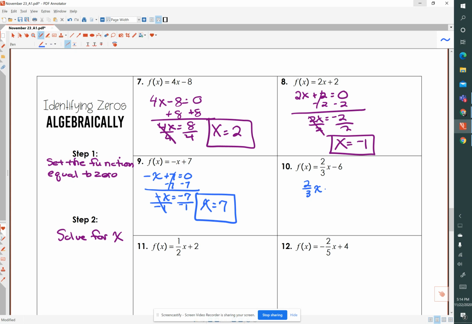2/3 x minus 6 equals 0. Let's add 6 to both sides. 2/3 x equals 6. Multiply both sides by 3/2, and x equals 9.